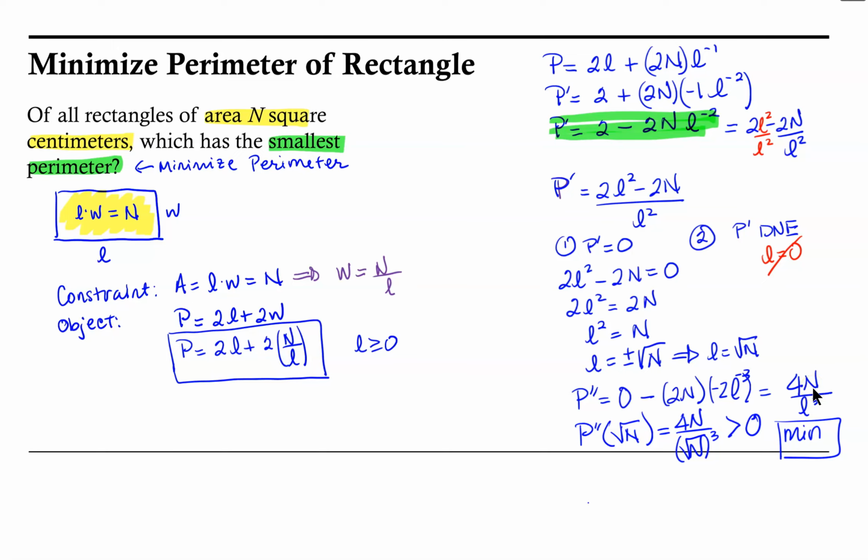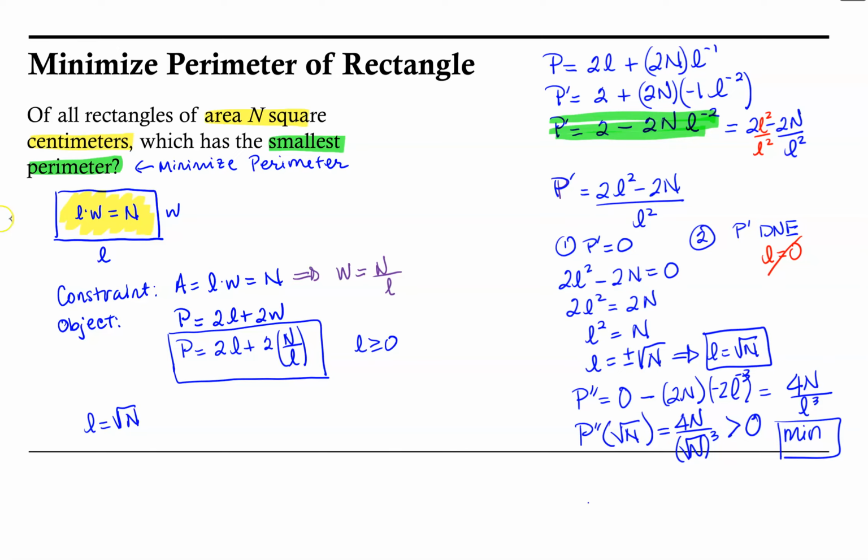So now we need to go back and revisit our original question. That is, of all the rectangles, which has the smallest perimeter? Well, we know that L has to equal the square root of n.